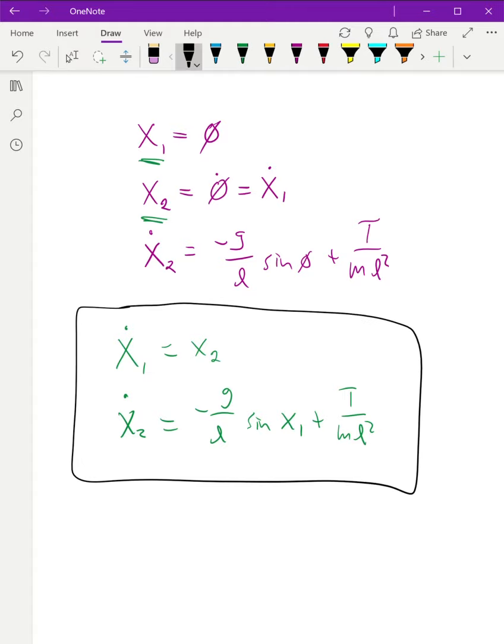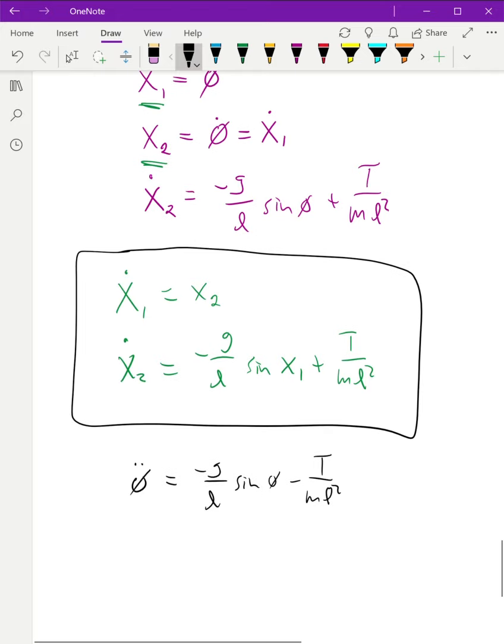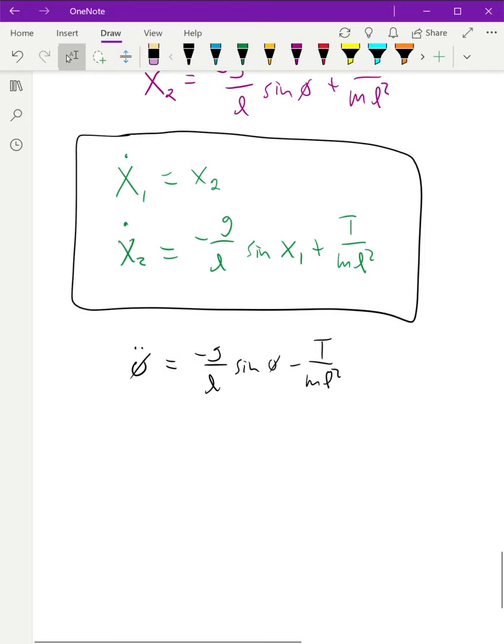So why do we do this? Well, we start off with the second order equation, theta double dot equals negative g over L sine theta plus T over mL squared. And we like first order equations, but we can't directly put this into a first order equation. We need to make a system of equations if we want to do that.